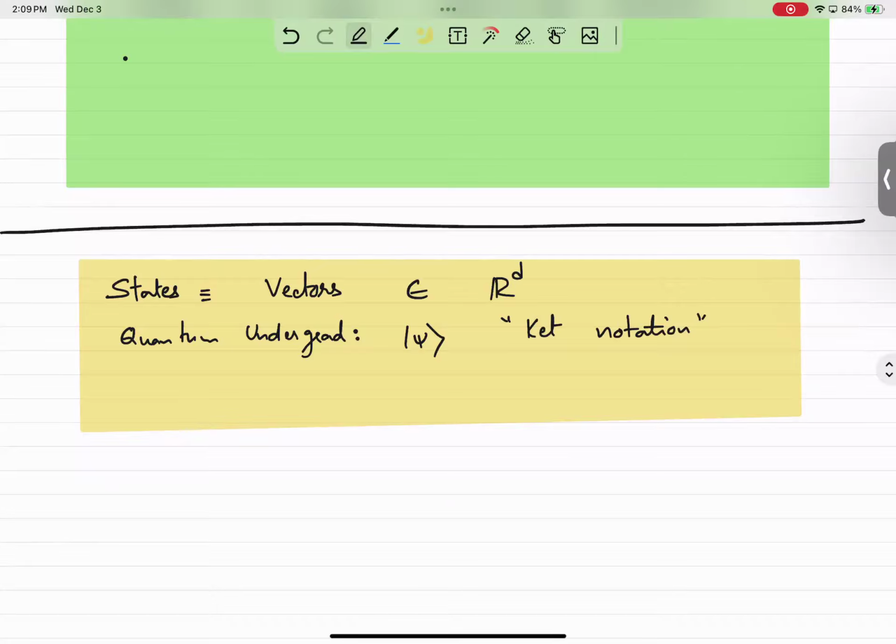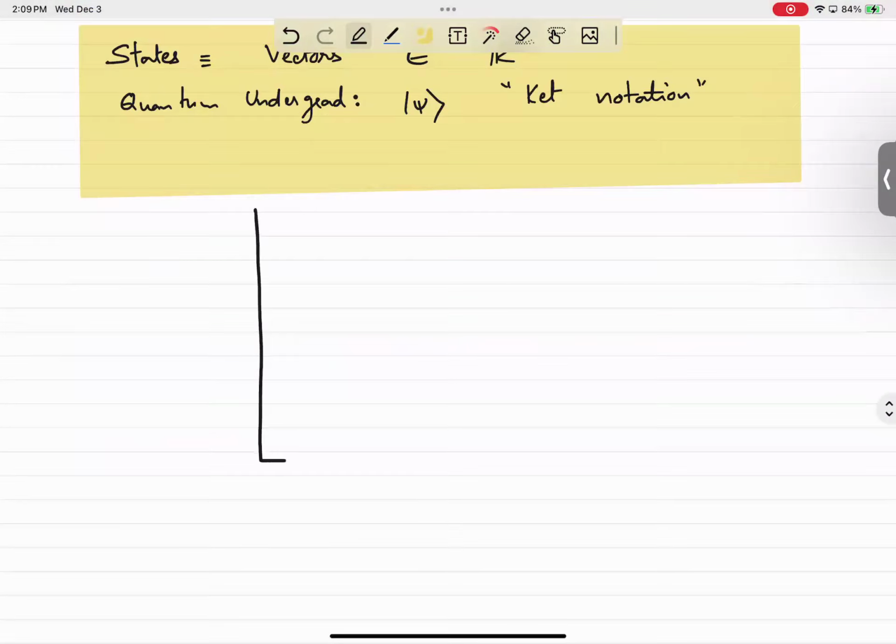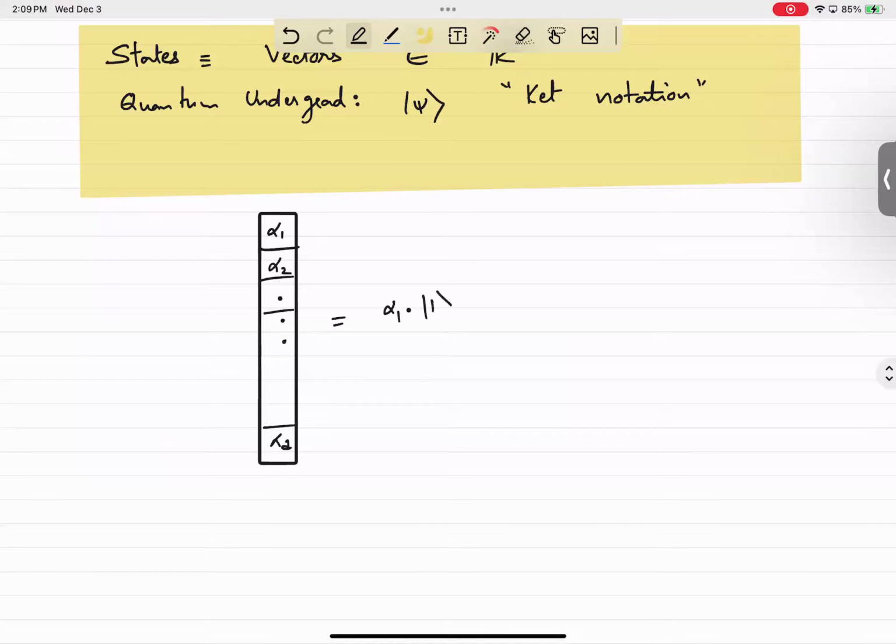It's kind of a weird notation if you see it the first time, but it makes many things much nicer when working with states and quantum laws. Essentially, it's just a vector which has d coordinates. And we can think of it as alpha 1 times the first basis vector, alpha 2 times the second basis vector, and so on.